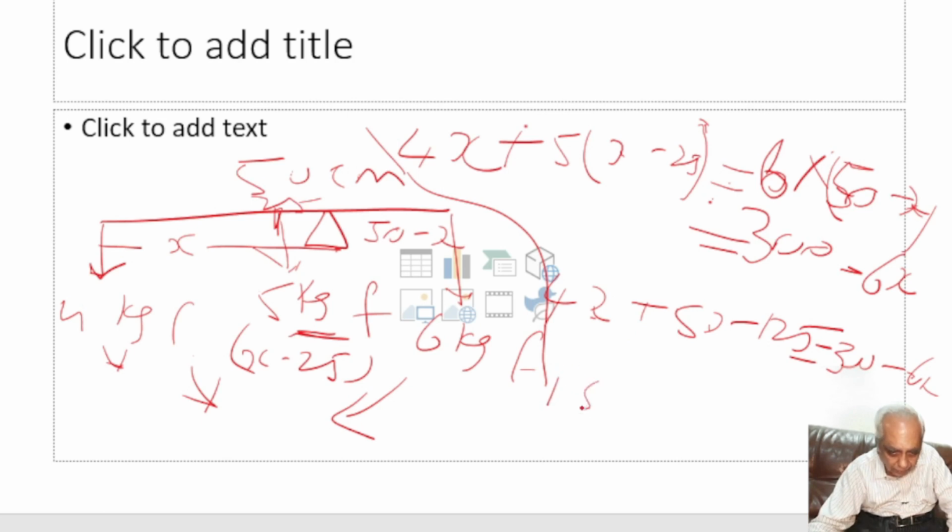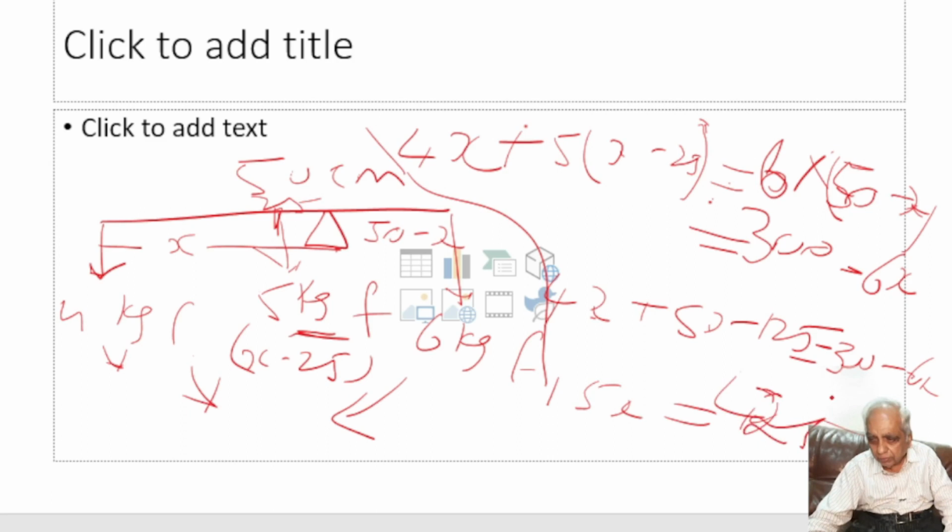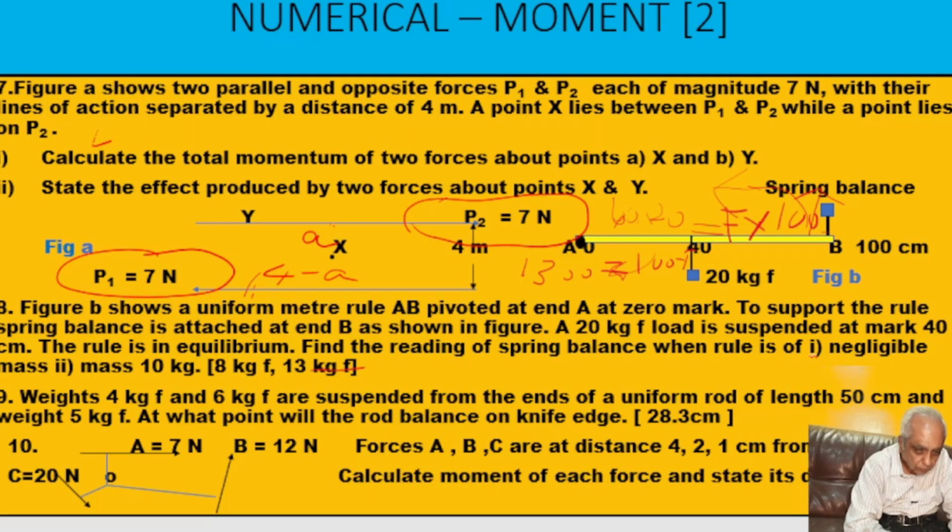So 15x is equal to, bring all numbers together, 300 and 125 gives you 425. Now this is a simple equation. X is 425 upon 15, that will give you 28.3 centimeters. So this is how we can solve this sum. So we have solved up to 9.